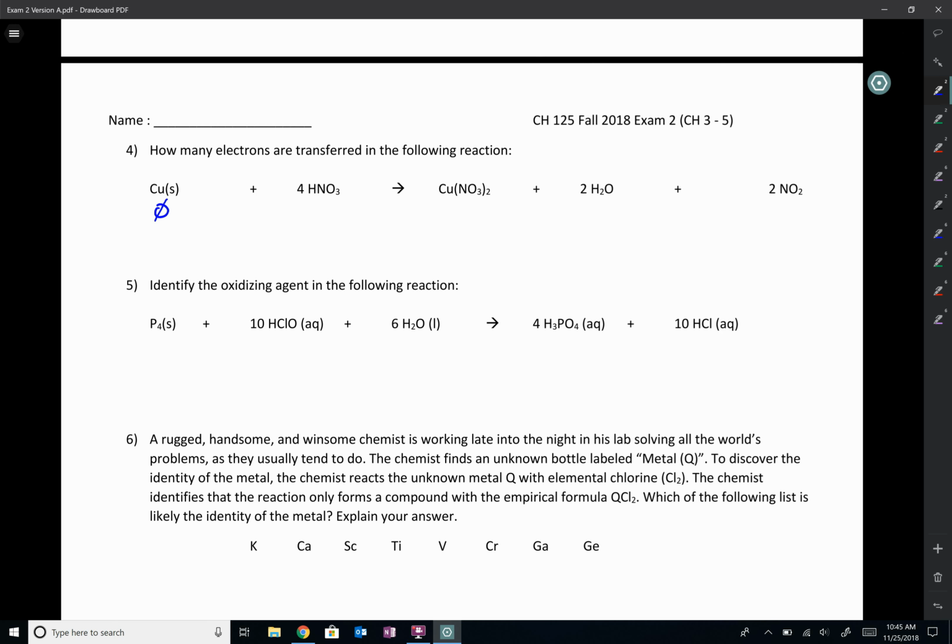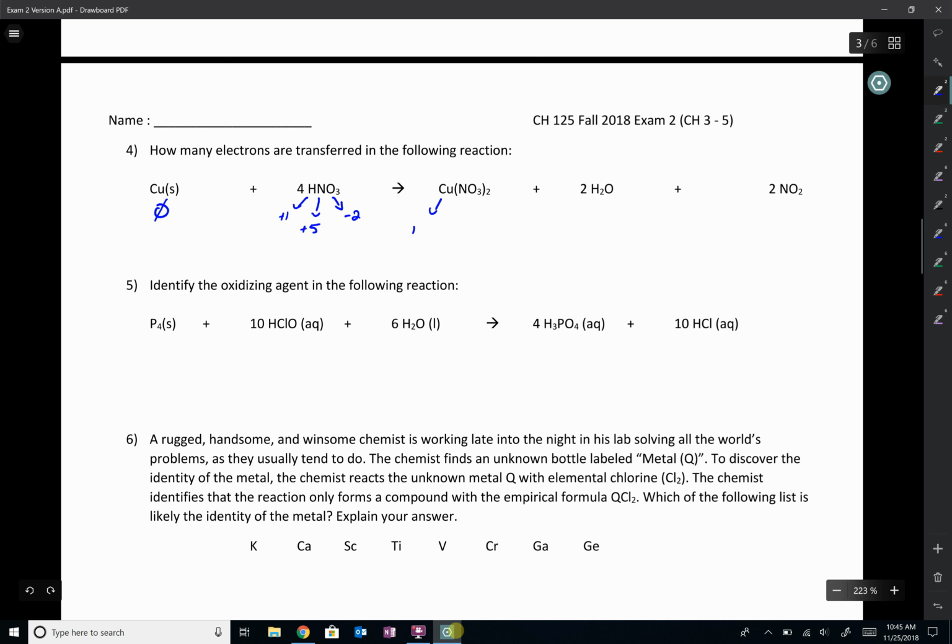Let's see if I can, I should be able to do it in blue. Oxygen's typically -2, right? Hydrogen's pretty much +1, always. We have a total of 6 minus from the oxygens, a +1, so nitrogen has to be +5. Got it.